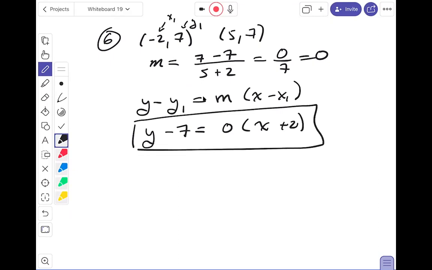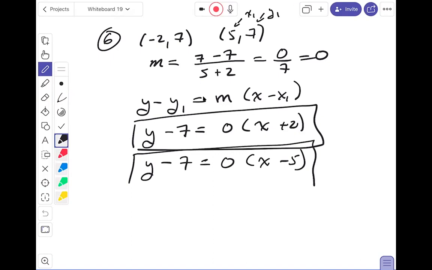Let's put this one down because someone's going to say, what if I use the other point? Well, let's write it down now. This would be x1 now and y1. y minus 7 equals 0 times x minus 5. Again, somebody will say, are they the same? They're exactly the same.